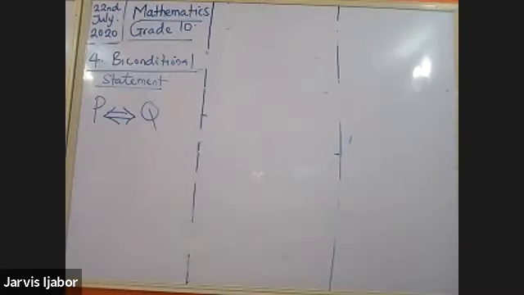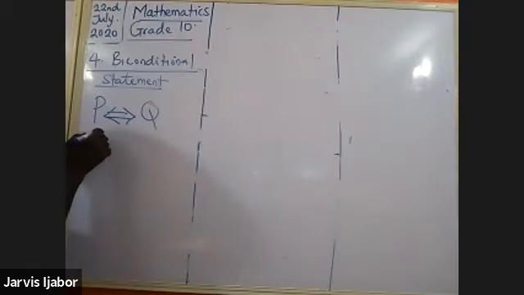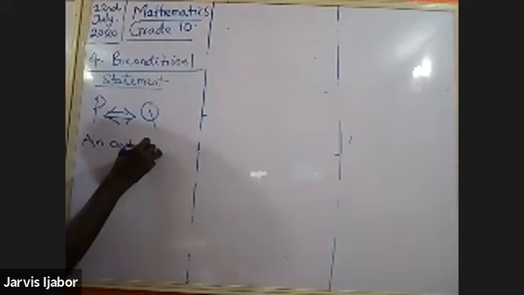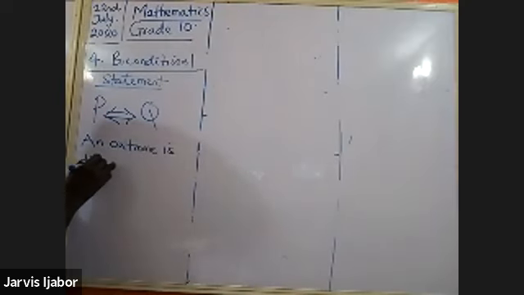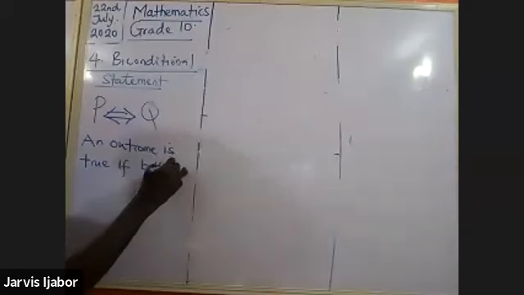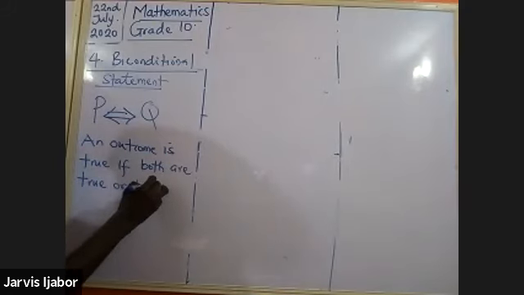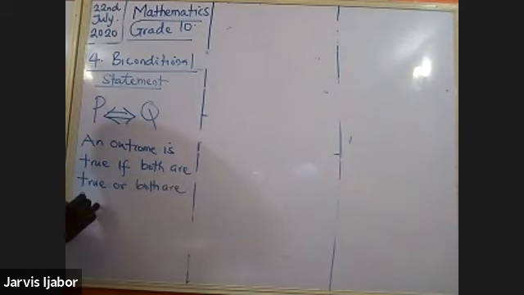So in this one, an outcome is true if both are true or both are false.